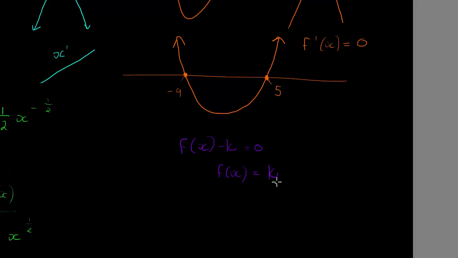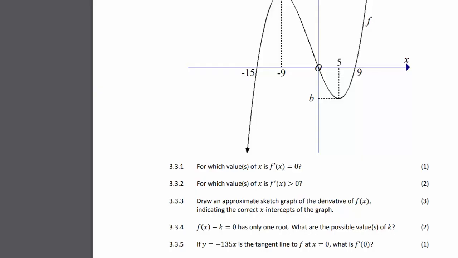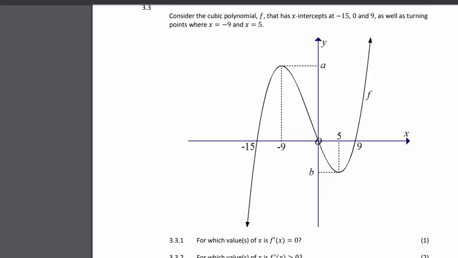The question is, what graph is this? This is just the graph of, let's call it g of x is equal to k. It's just a horizontal line, a constant function. So where can I draw a horizontal line so that it cuts this graph only once?